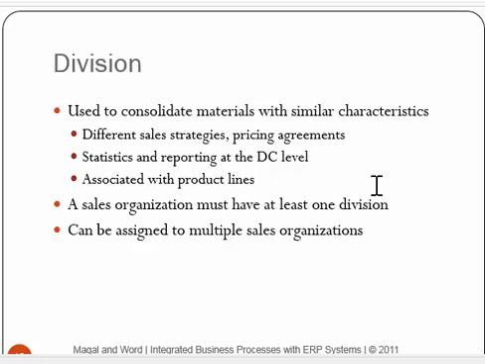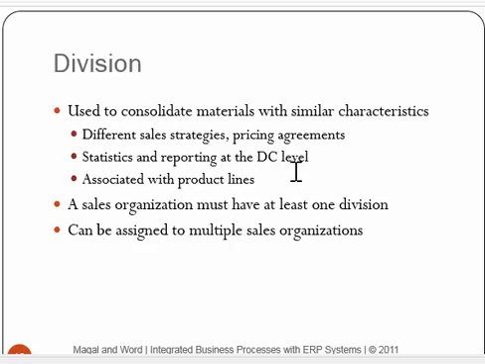Division, as we said, focuses on a specific type of product. So I have a specific product and I create a division for it, because it's so different from the other products that I'm dealing with. And again, pricing is different. The agreement itself, the policies are different. So the division is for a specific product line.